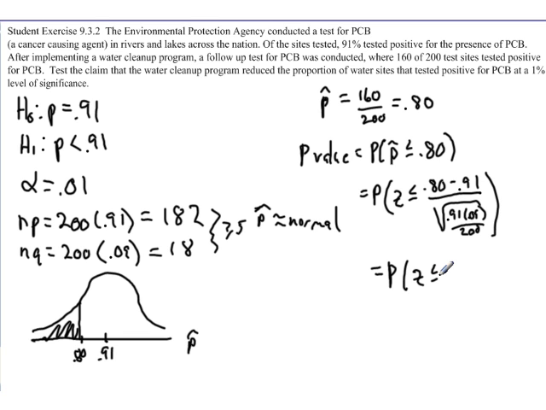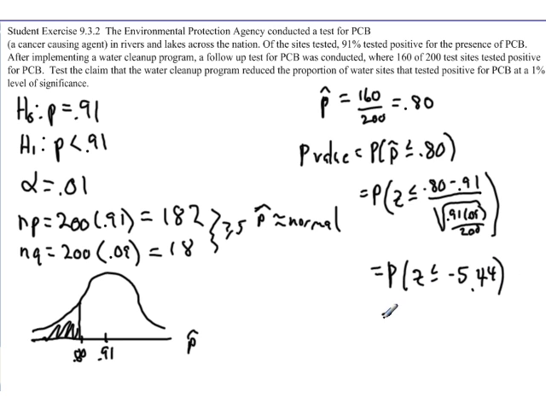And this is equal to the probability that z is less than or equal to, and let's jump to our calculator now. 0.8 minus 0.91 divided by the square root of 0.91 times 0.09 divided by 200. And I get a z-value of minus 5.44.